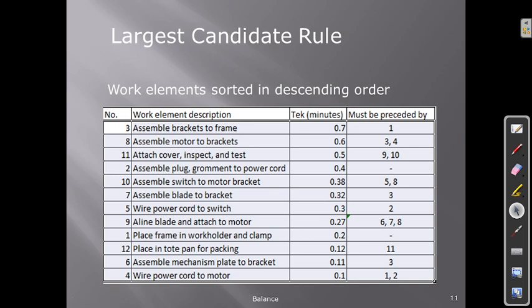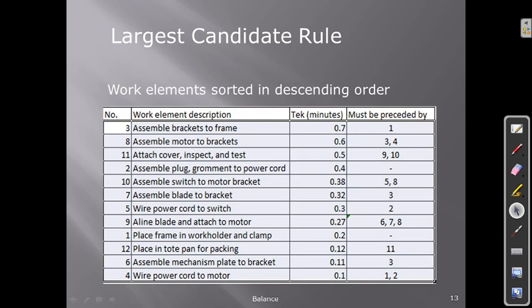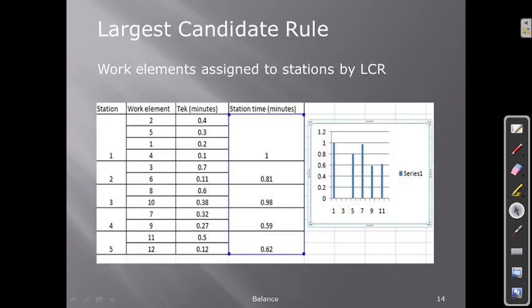The step is, first we take an element without a predecessor as the first one. We will see here. Now we are going to take work element 2 in that particular station 1. Just leave these steps, I will explain one by one.